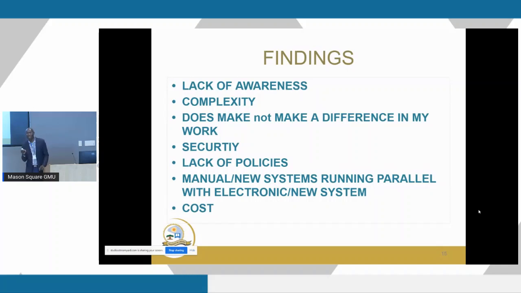What we found is that people will try a technology for some time, and if it's too difficult to use, they will not adopt it. So it's very important that we look at how we can simplify whatever technology we develop for people to be able to use it.